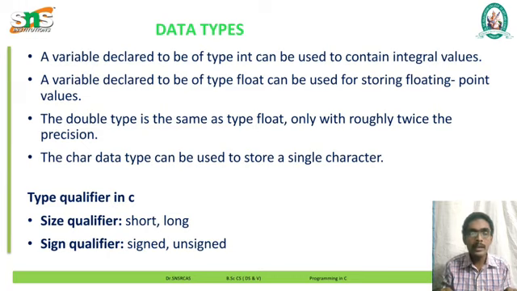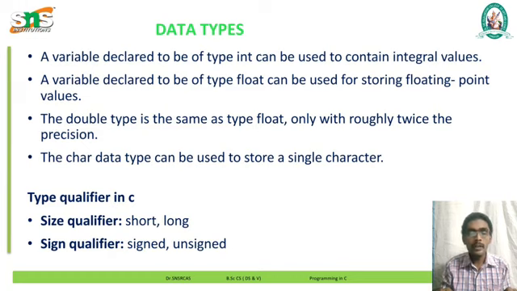The double type is the same as type float, only with roughly twice the precision. The char data type can be used to store a single character, such as the letter A, the digit character 6, or a semicolon. Similarly, a variable declared char can only store a character type value.